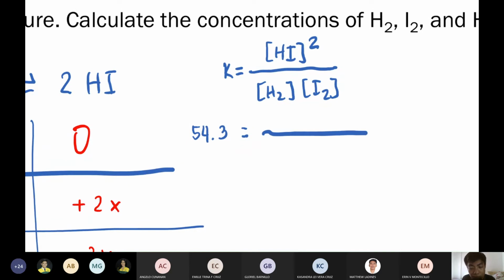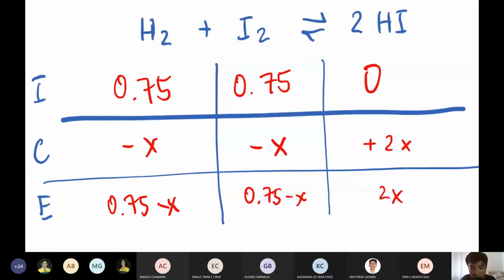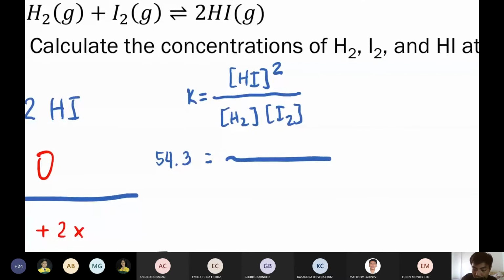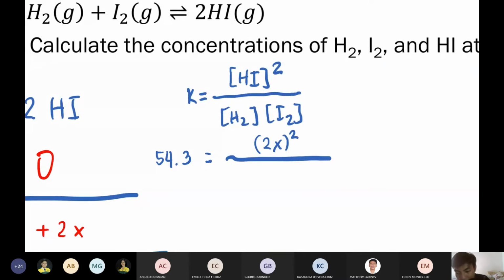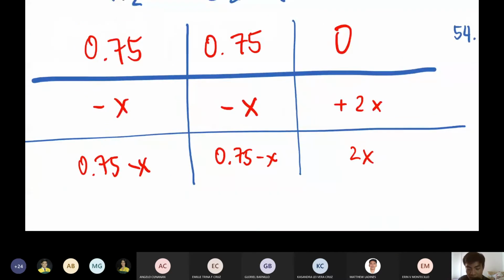Numerator. What's the concentration of HI at equilibrium? Tingin sa ICE table. Ano yung equilibrium concentration ng HI? 2x. Okay, so ipa-plug in ko yung 2x doon. So, that will be 2x, then square. How about H2 and I2? Okay. So for H2, tignan natin yung H2. 0.75 minus x.